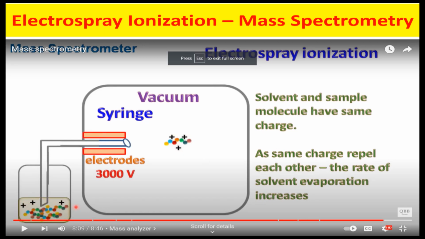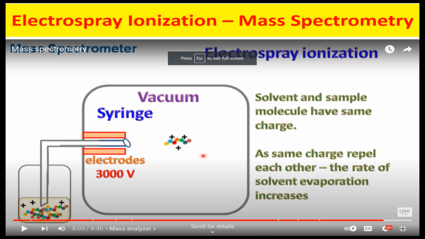Suppose this is the sample. As you can see, this is the nozzle kind of thing through which the sample is carried over into this vacuumized zone, and then the sample with its watery and chemical components gets vaporized to leave only the ions.